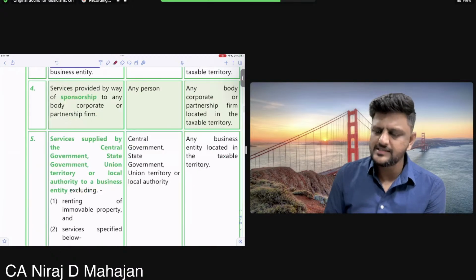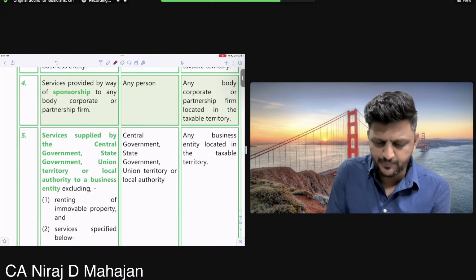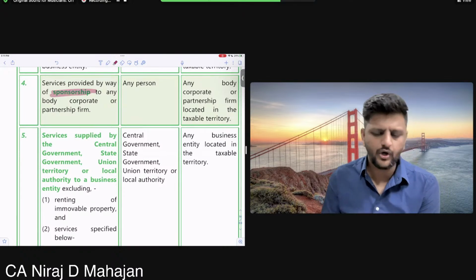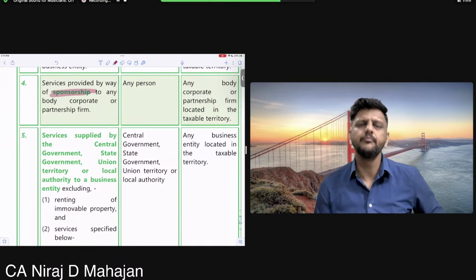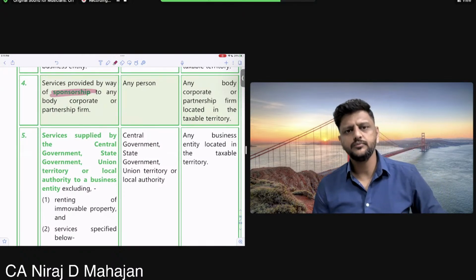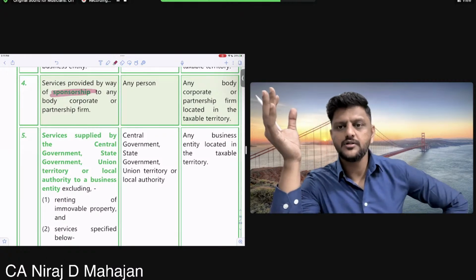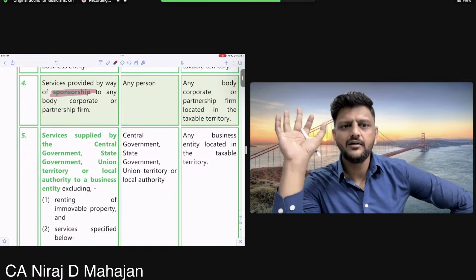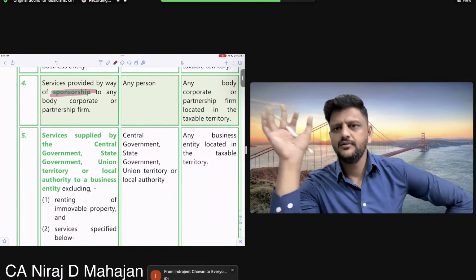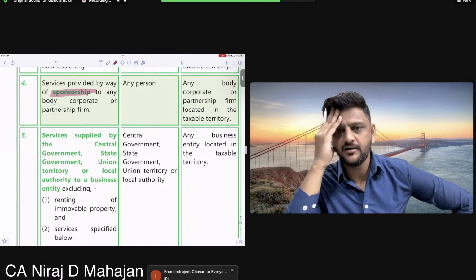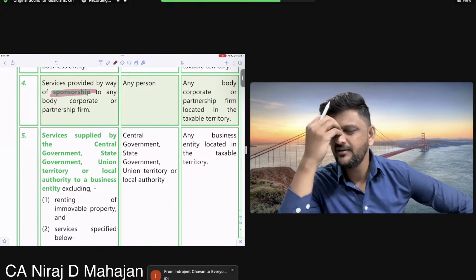And service provided by way of sponsorship to any body corporate or even a partnership firm. Sponsorship means what, बच्चों? You must have seen this: title sponsor, channel partner. What else do you have? Media partner. They're all sponsors. Or the best example, Filmfare.